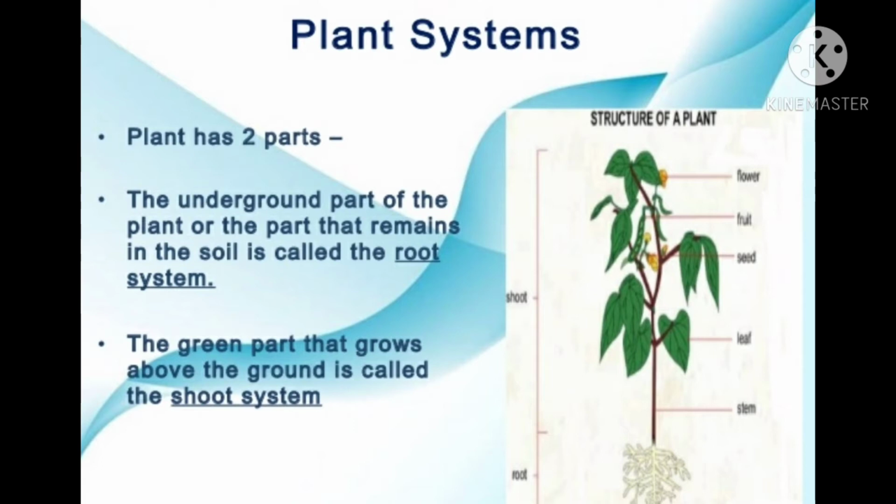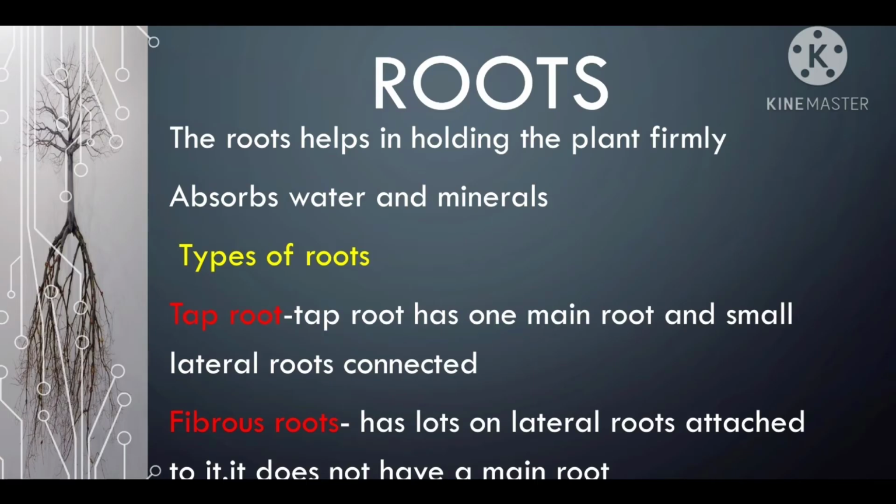And the shoot system is the green part which grows above the ground. Is it clear? Now roots help in holding the plant firmly, and they also absorb water and minerals from the soil and transfer them to the different parts of the plant.